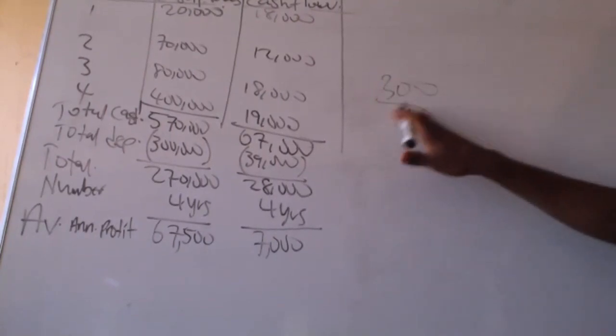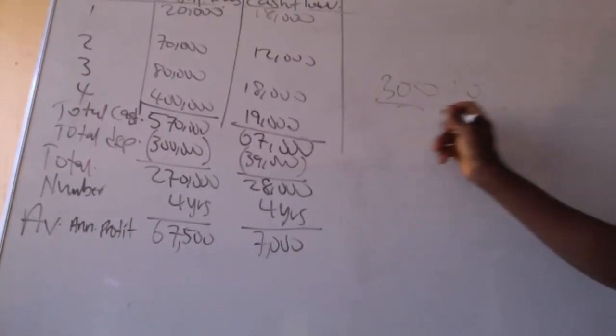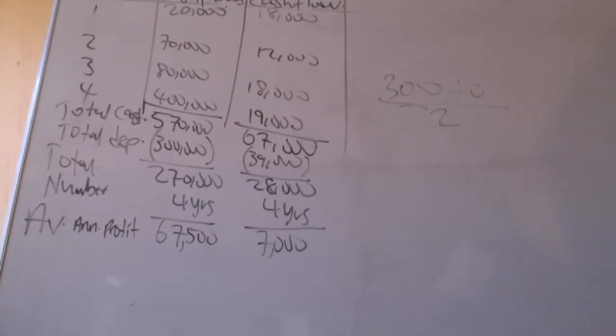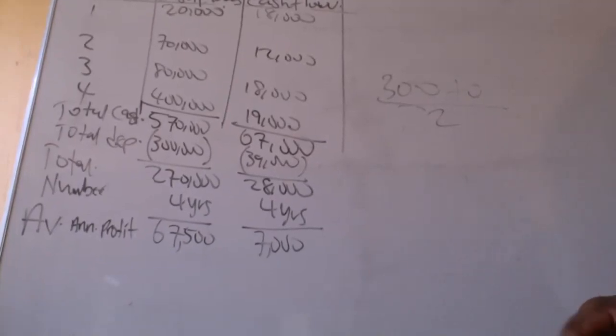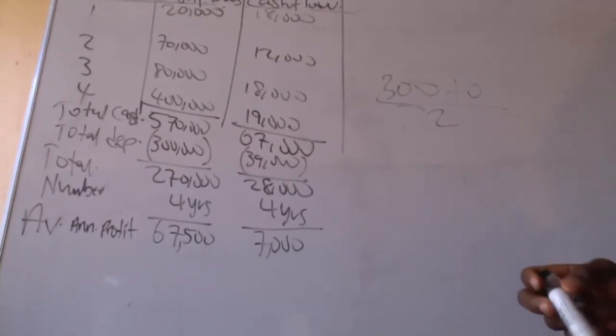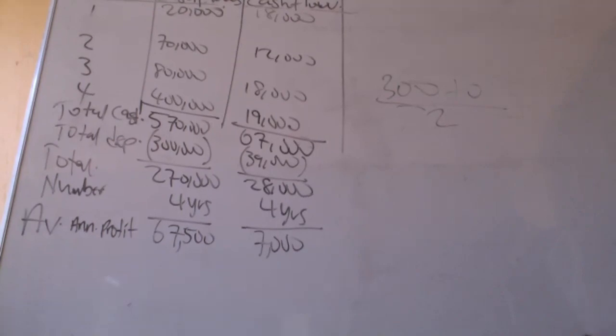Let's add plus 0 divided by 2. So that's the average. We assume the scrap value is 0. When we assume 0, it will not probably give us the same. So average investment.